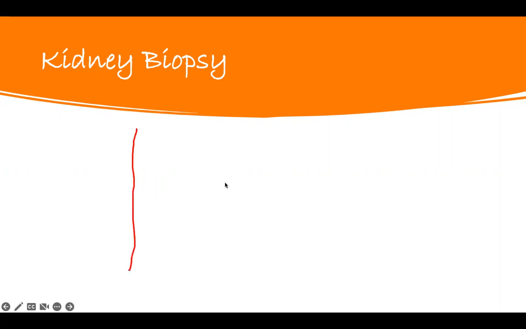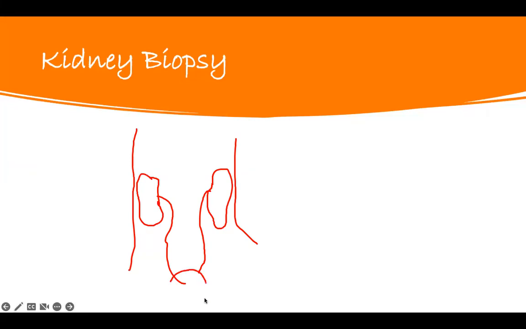So if this is your back, one kidney sits here like that. The other kidney sits here like that. And then it goes down into your bladder. This is the urethra, and it goes down into your bladder. And these take the urine. So these are your back.